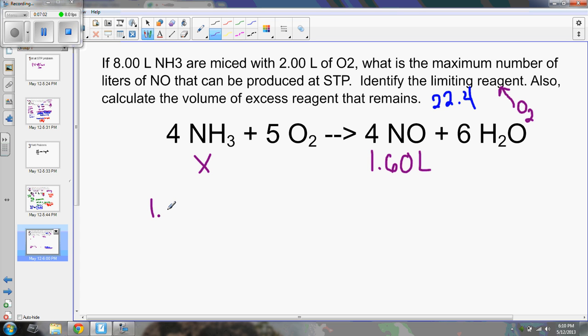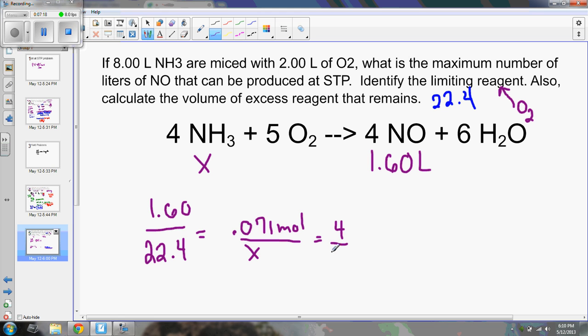I take 1.60 divided by 22.4 and I get 0.071 mole over X, and these are both 4 over 4. 0.071 times 4 divided by 4 is 0.071 mole of NH3.